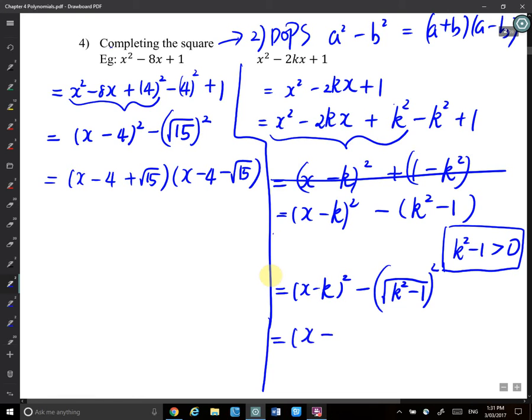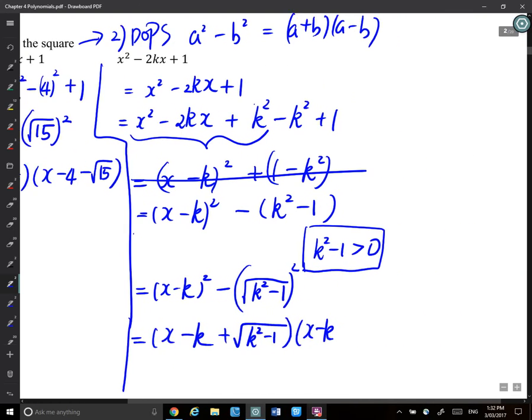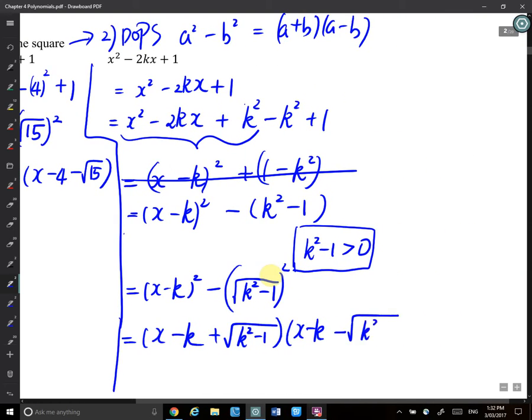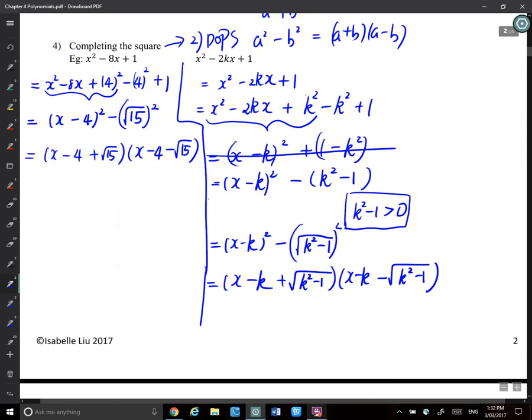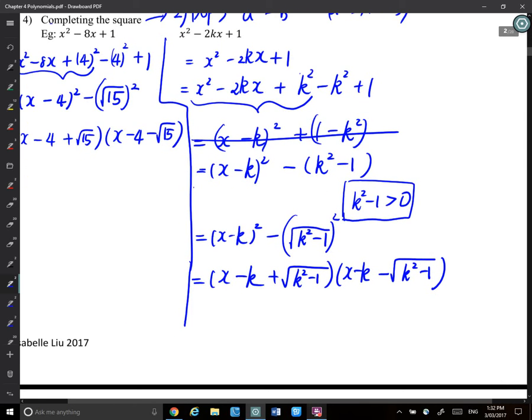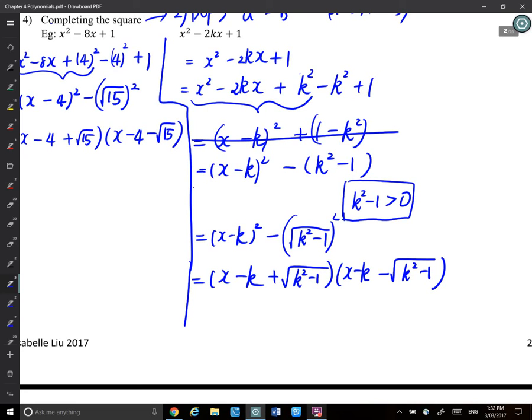And I have x minus k plus square root k squared minus 1 and x minus k minus square root k squared minus 1. But k squared minus 1 must be greater than 0. If not, I cannot put that under the square root and it's not going to work.